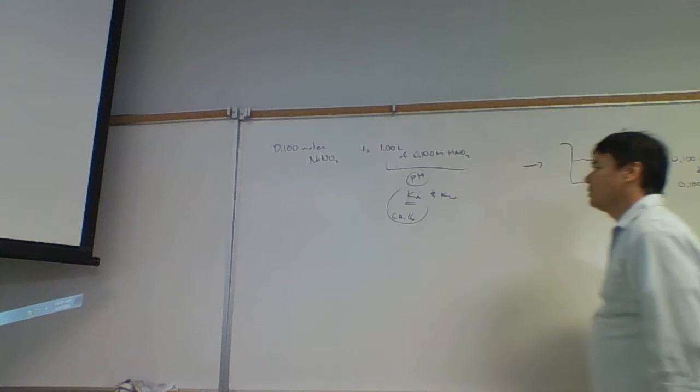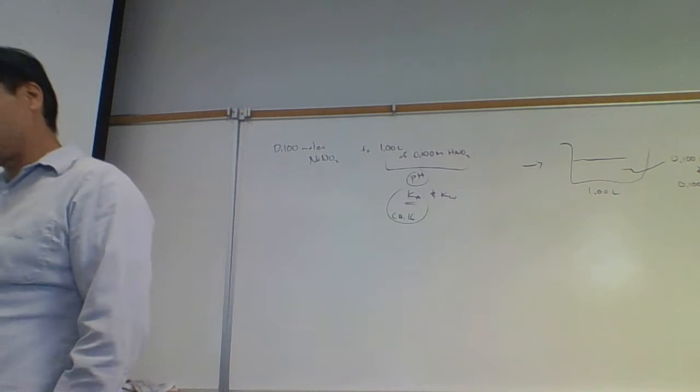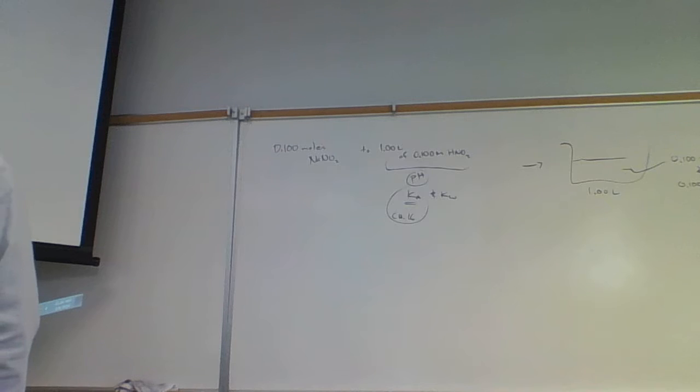This is convenient because we don't have to do a solution dilution here. Why do we make the assumption that the volume doesn't change? Because they're saying add moles of this, which means they're not saying add this many milliliters, they're saying add moles.